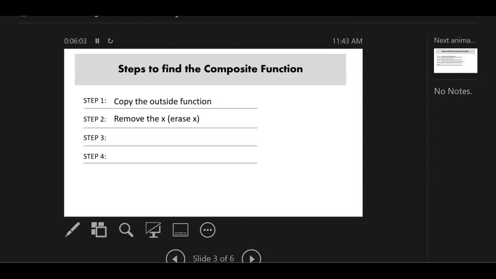And then step 3, once x is gone, substitute the inside function where x was. So if it's f of g, the g will go where the x was. And your last step is to simplify.